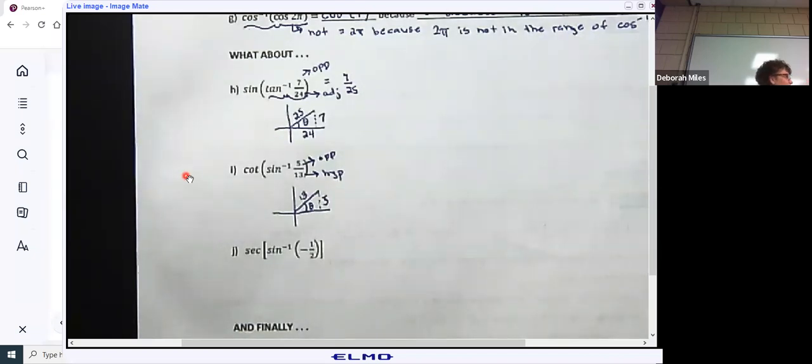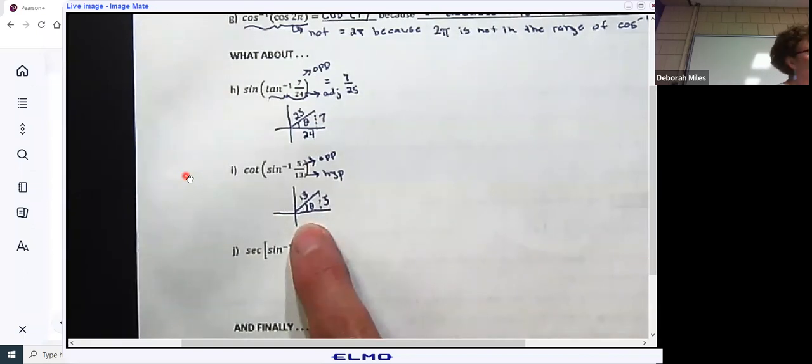I almost have to think tangent first. Tangent is opposite over adjacent, so cotangent is adjacent over opposite. I'm going to need to know what adjacent is then. If I had to do it on the calculator, what would I punch to find adjacent?